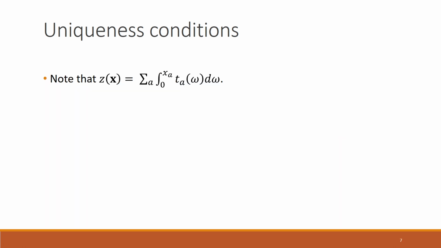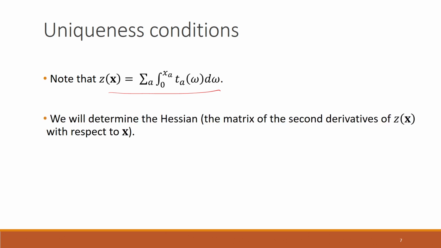So, in order to argue about strict convexity and convexity of the objective function, let us recall what the objective function is. So, this is the objective function in the user equilibrium formulation. So, in order to argue that this function is strictly convex at a point x star, we need to determine the Hessian of this objective function and need to argue that it is positive definite at the point x star that we are concerned with.